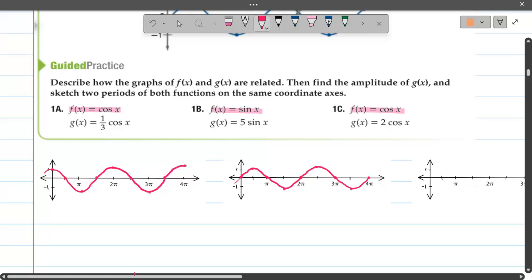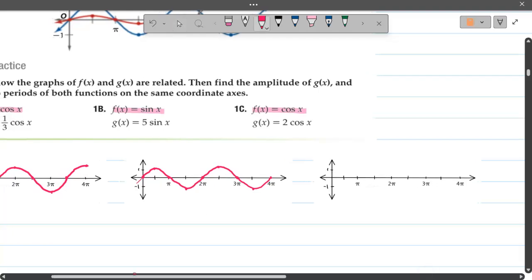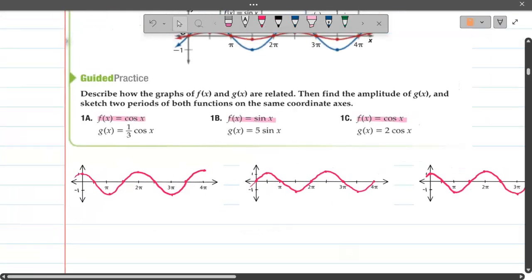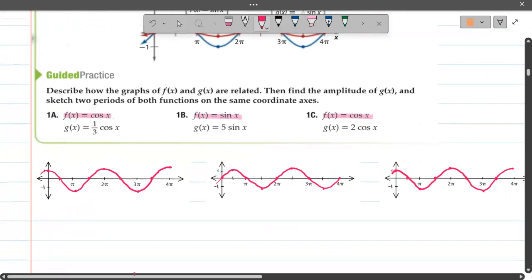But it does continue on in both directions. Okay, again, we have another cosine one. Starts up here, comes down, -1. So at first glance, these graphs look very similar to each other. Sine and cosine are just these squiggles or waves, but sine goes through the origin, cosine does not. Cosine goes through the point 0, 1.